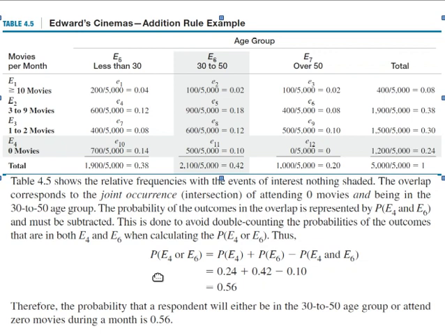Thus, the value is 56%. Therefore, the probability that a respondent will either be in the 30 to 50 age group or attend zero movies during a month is 56%.